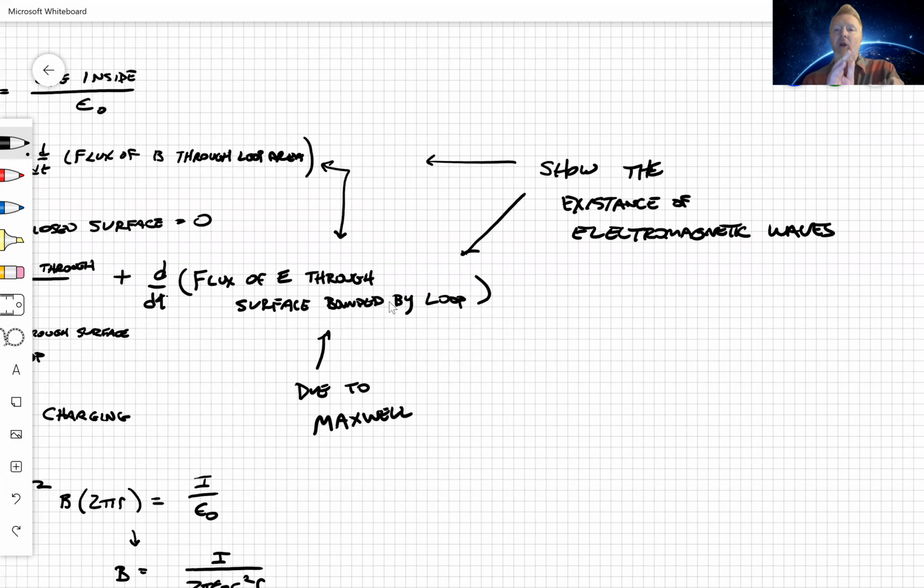They propagate away from my vibrating sheet of charge. They're gone, right? They have detached themselves from my charges, and they are over there now, and they're self-generating. They self-generate because the flux of one creates the circulation of the other, which creates a flux of that one, which creates the circulation of the other, which creates a flux of the first one. All right, so they are self-propagating.